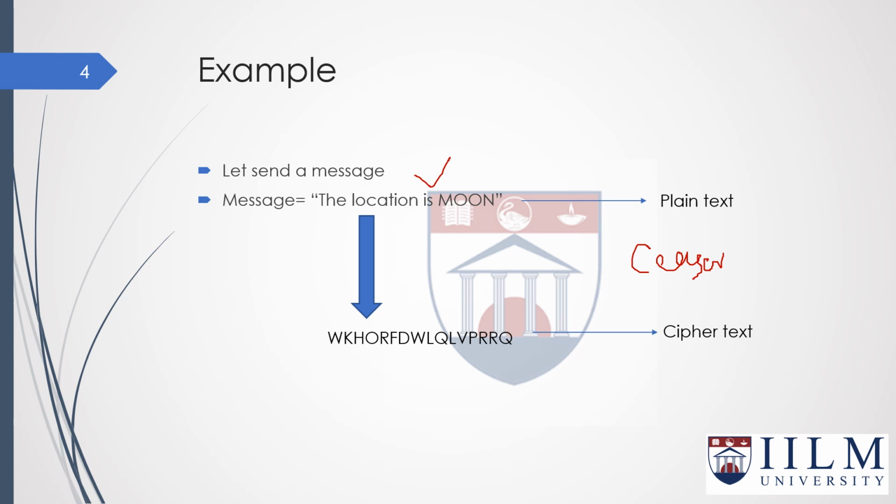T is the alphabet that converts to W. After T, if we count U, V, then W. So the position of the alphabet plus 3.